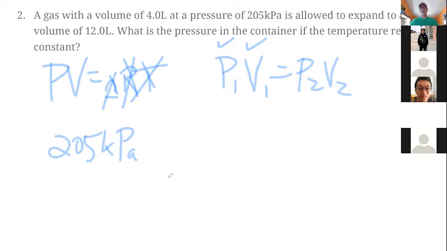There's millimeters of mercury, there are atmospheres, pascals, kilopascals, and torr is another way of expressing it. So this is our P1. What's our V1 going to be?